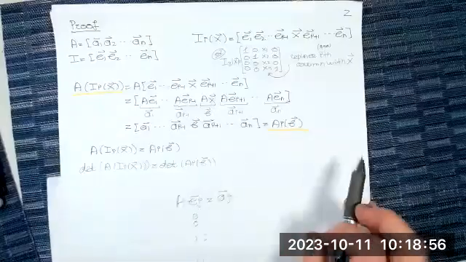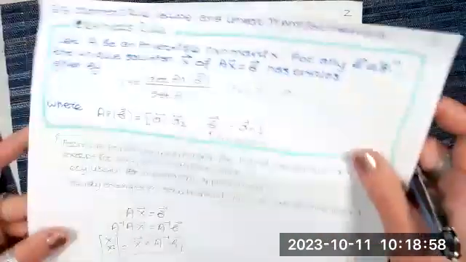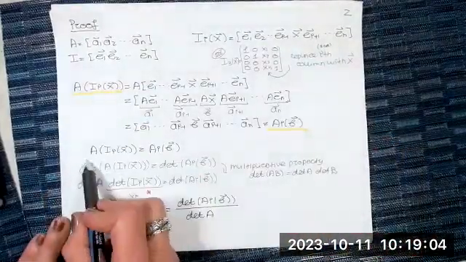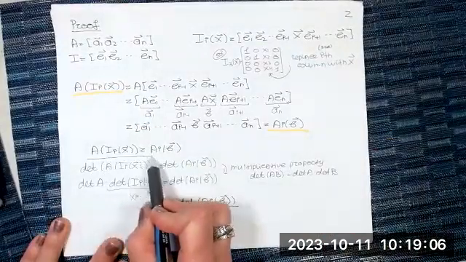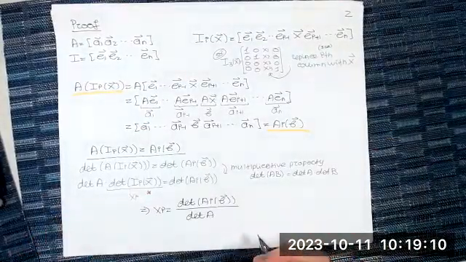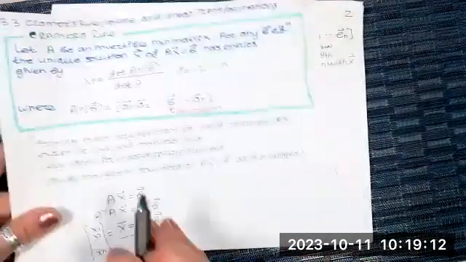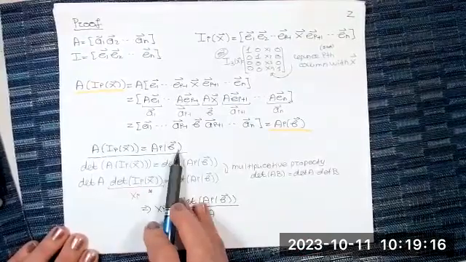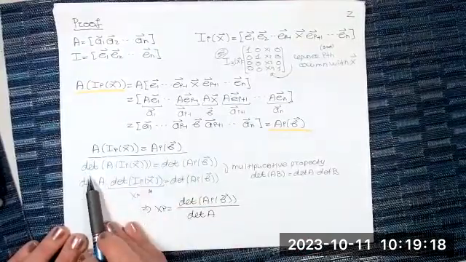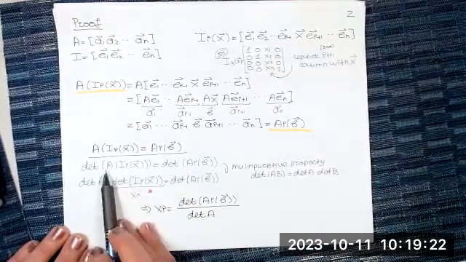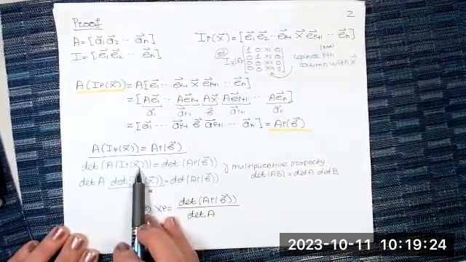And this is the equation we're going to use to show our theorem here, right? So I'll rewrite this over here. And then I'm going to use determinants, because I have determinants in my formula. So if I take the determinant of both sides of this, here I'm taking the determinant of a multiplication of two matrices, the determinant of A times the identity Ii(x).